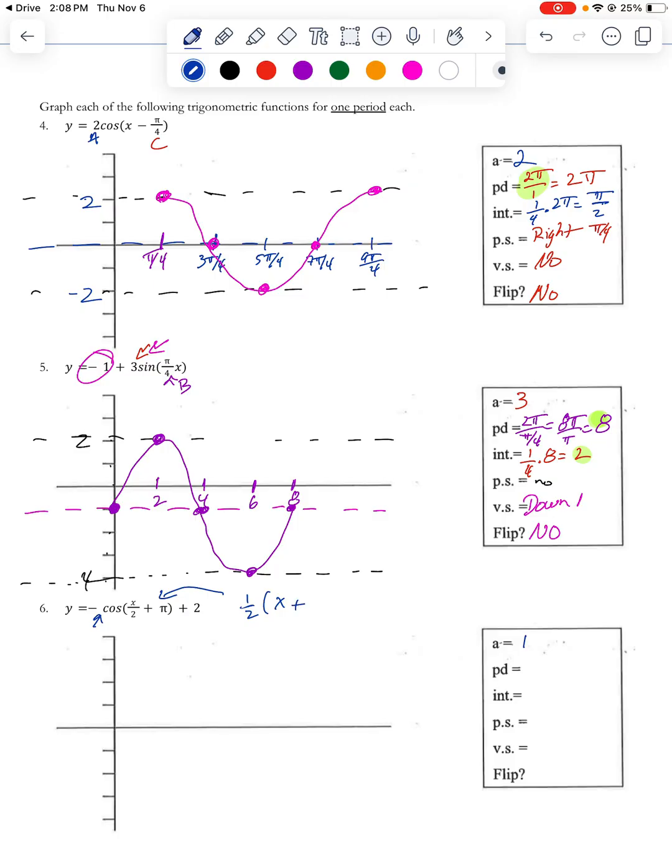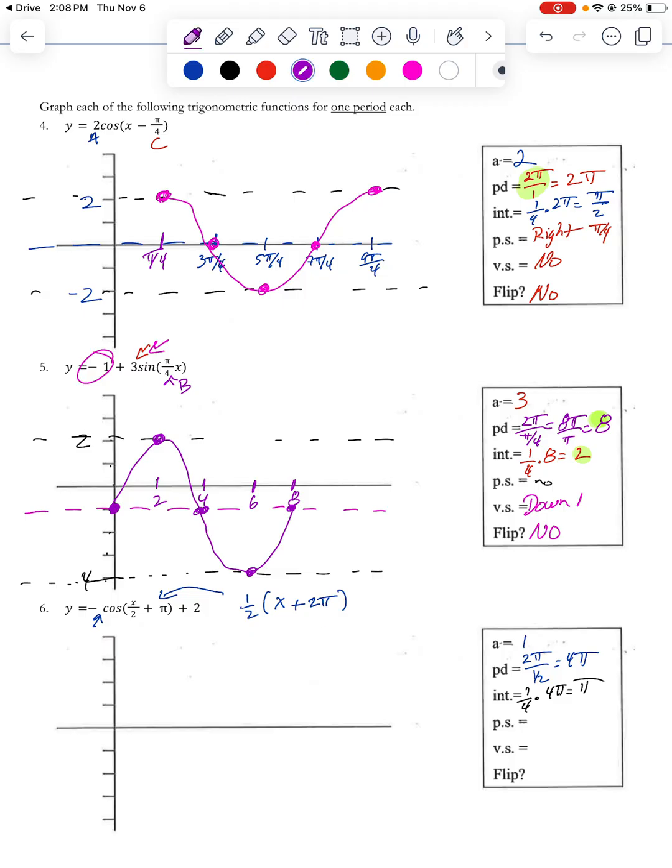And then 1 divided by 1/2 is 1 times 2, so that's 2 pi over 1/2, which is 4 pi. My interval is 1/4 times 4 pi, which gives me pi.